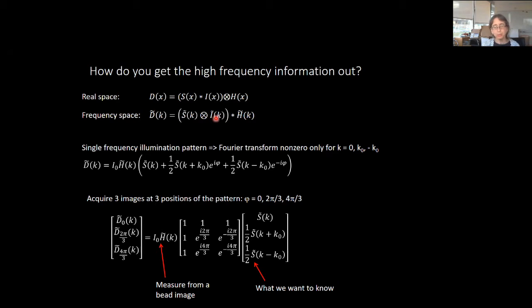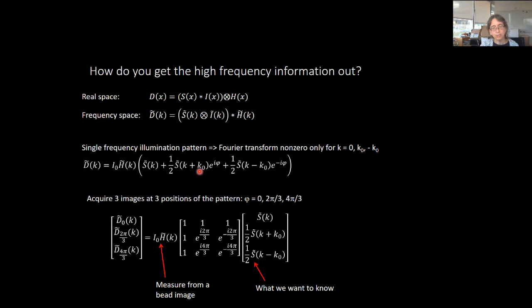And so its Fourier transform is only non-zero at 3 points, at 0 and then plus and minus the frequency of the sine wave. And that means that for each pixel in the Fourier transform of your measured image, it is a linear combination of the sample at that frequency at which you measured, and then these 2 shifted frequencies, shifted by the frequency of the illumination.